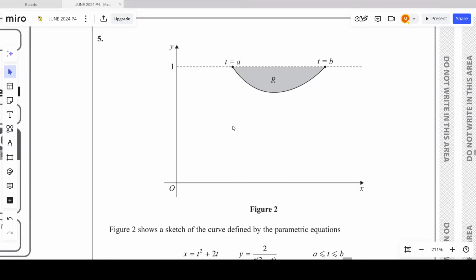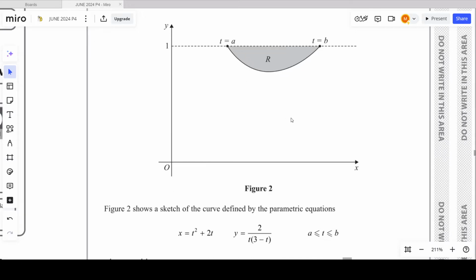Number 5, you can see Figure 2 on the screen. On this figure a parametric curve has been given. The graph of a parametric equation is given.